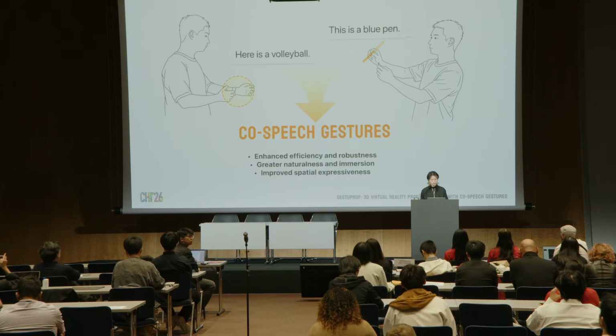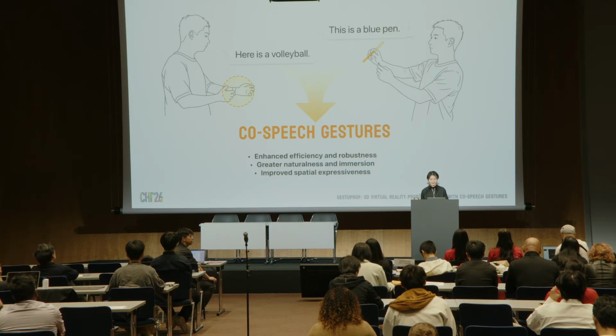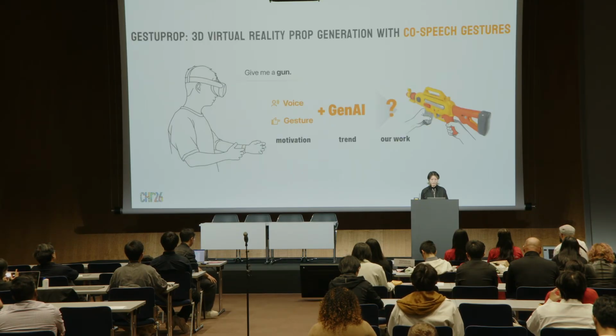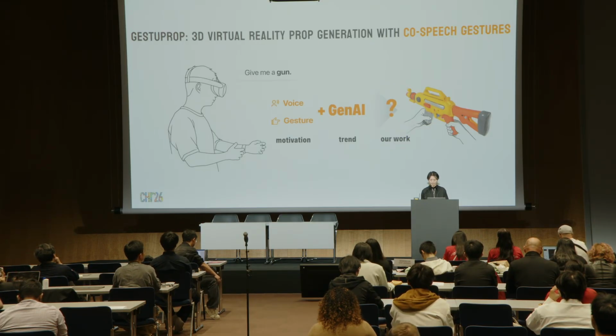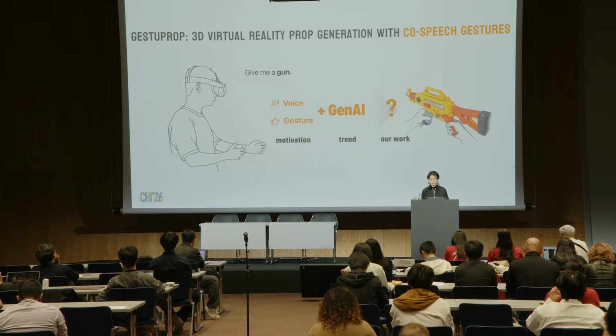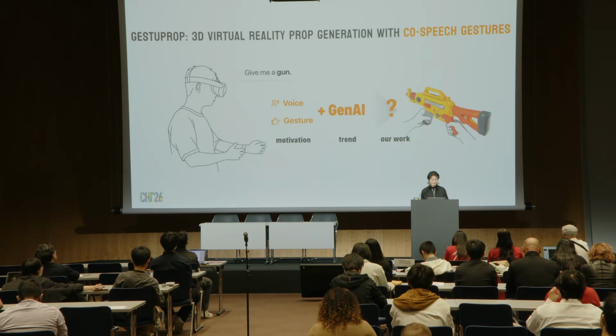So, what if speech and gesture could be used to create, and not just to control? With the rapid development of Gen AI, it's a good time to dive into this question. To explore it, we choose virtual reality as our research medium and context, because VR provides an ideal environment where object creation and body interaction naturally come together.